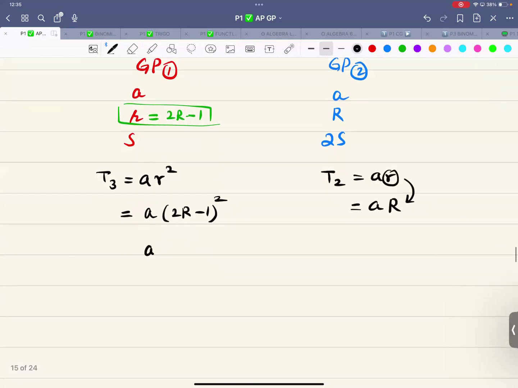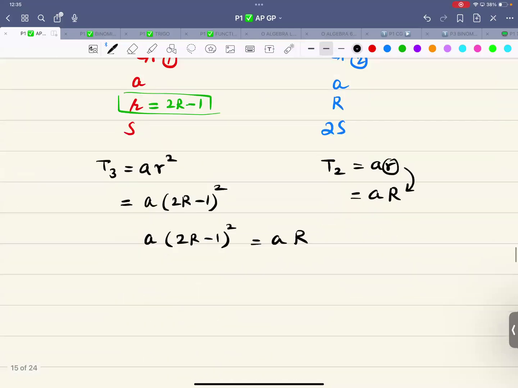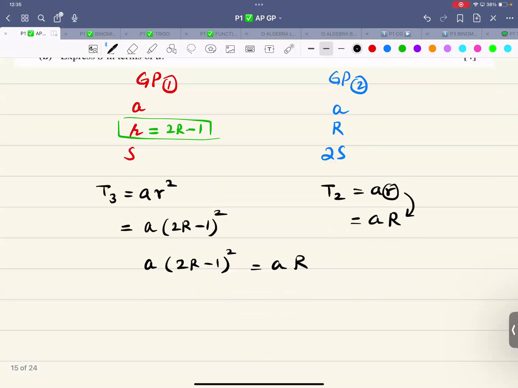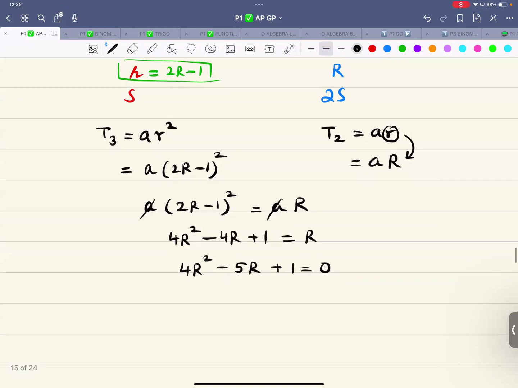So if I equate them, A bracket 2R minus 1 whole squared is A into R. It says express S in terms of A. So if I cancel this out, 4R squared minus 4R plus 1 is equal to R, so 4R squared minus 5R plus 1 is equal to 0.